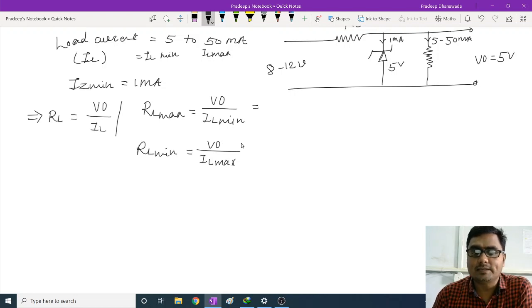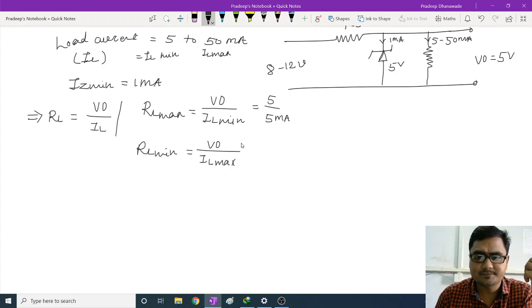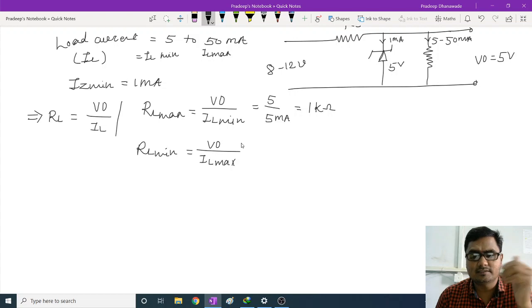So VO, 5 volt, divided by IL minimum. How much is IL minimum? It is 5 milliamperes. So 5 divided by 5 milliamperes will obviously be 1 kilo ohm. Yes, it is 1 kilo ohm.